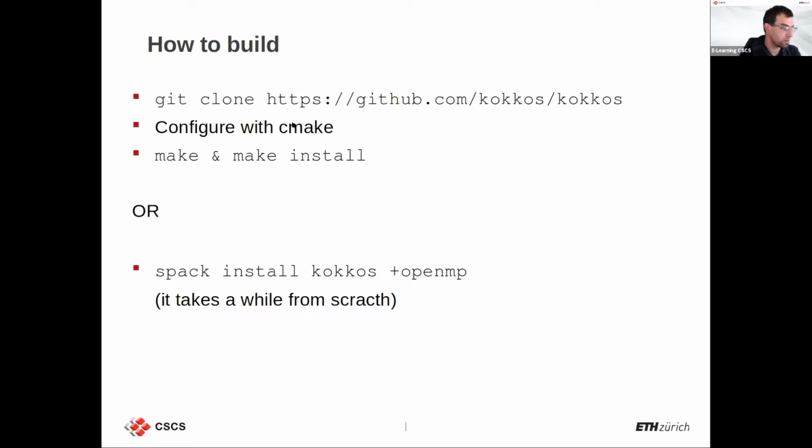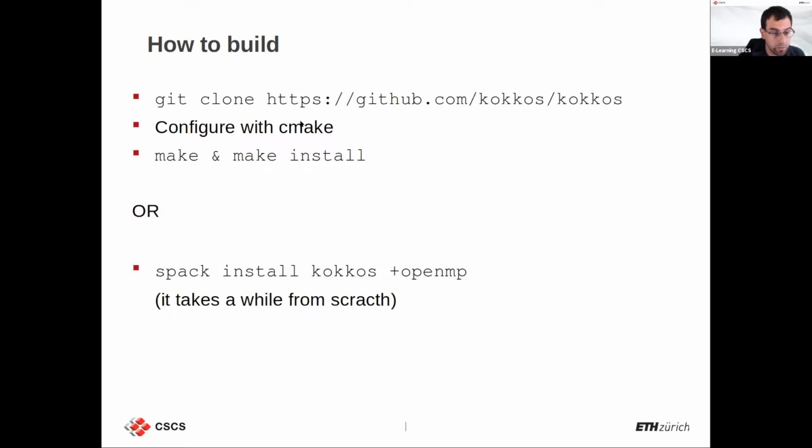Even on a standard laptop, running CMake will automatically find almost everything. It will detect automatically that you have OpenMP, so you can run Kokkos serially and with OpenMP. And in case you want to use CUDA, you have to specify where the CUDA libraries are, and then you have to make install.